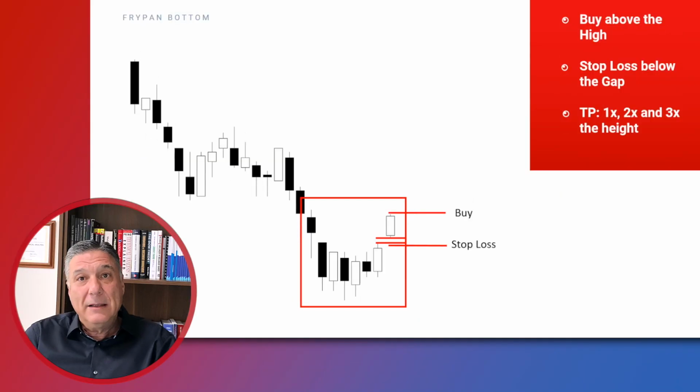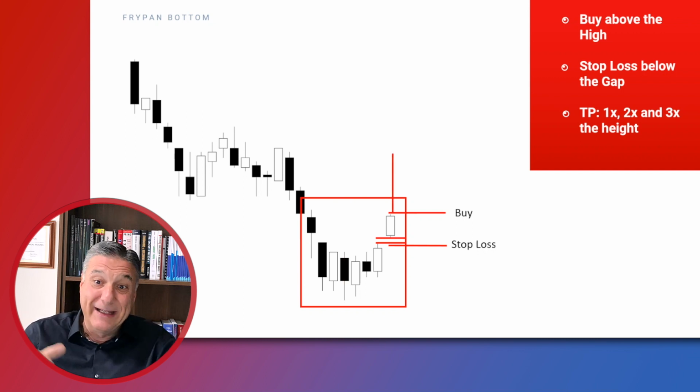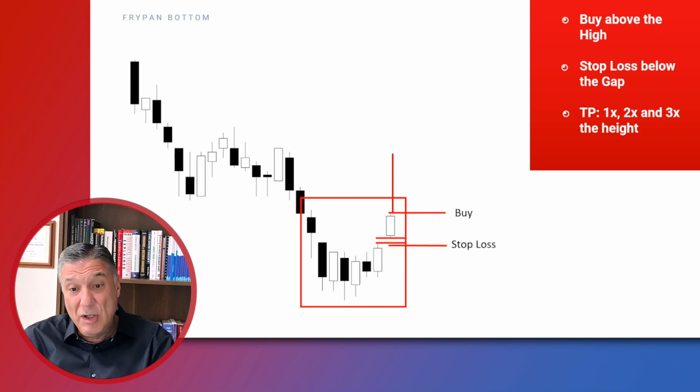Regarding the take profit strategy, we're going to use the height of the Frypan. We project it right above the high price of the white candlestick that gaps higher than the window, and here is the first take profit level.